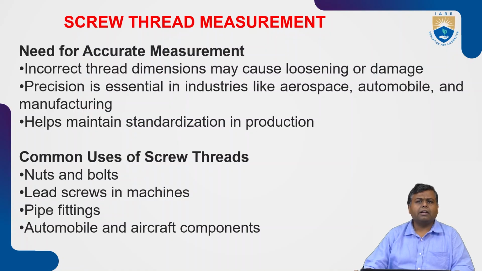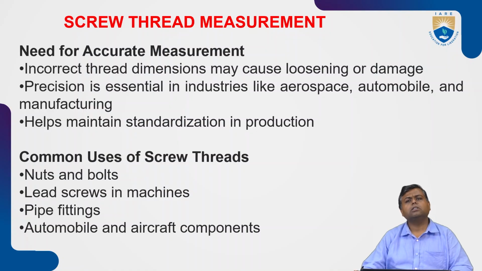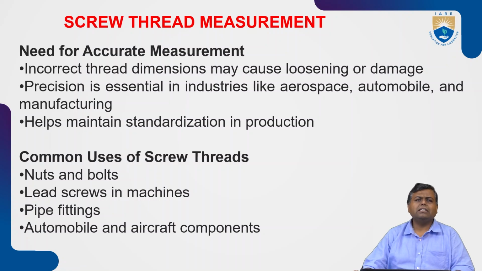Incorrect thread dimensions may cause loosening or damage to the functional property of the machine. In general, precision is very essential in different industries such as aerospace, automobile and other manufacturing industries, which helps in standardization of production.